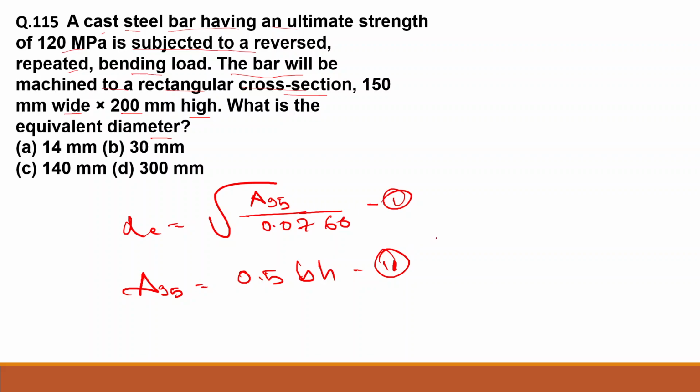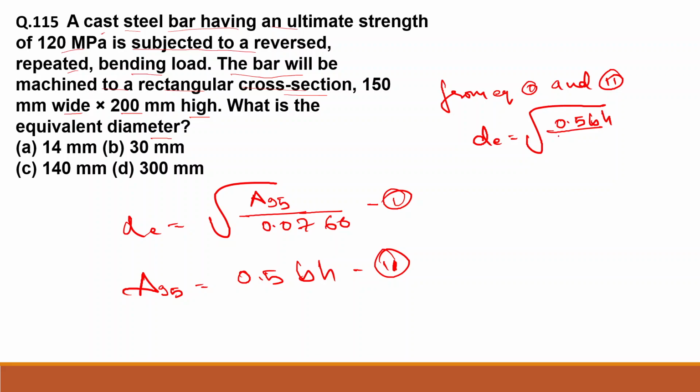After that, equating equation 1 and equation 2, I get D equivalent is equal to the square root of 0.5 BH upon 0.0766, which equals 0.808 root over of BH.